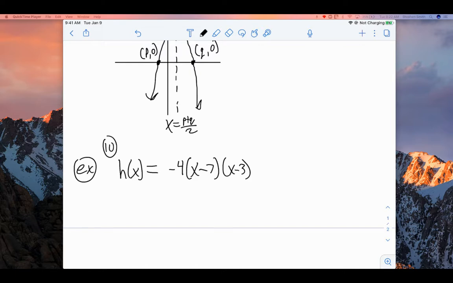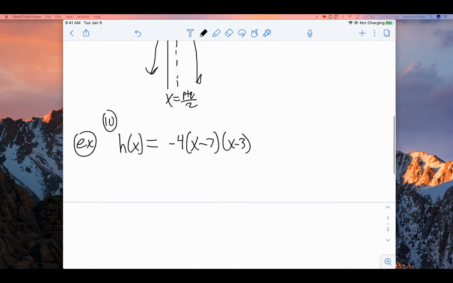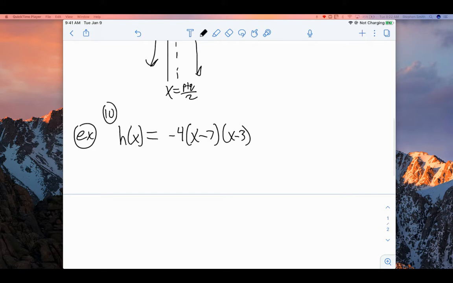And let's go ahead and get some information down. The things that we can find: the vertex, the axis of symmetry, and the zeros, which we're going to take out to the x-intercepts.